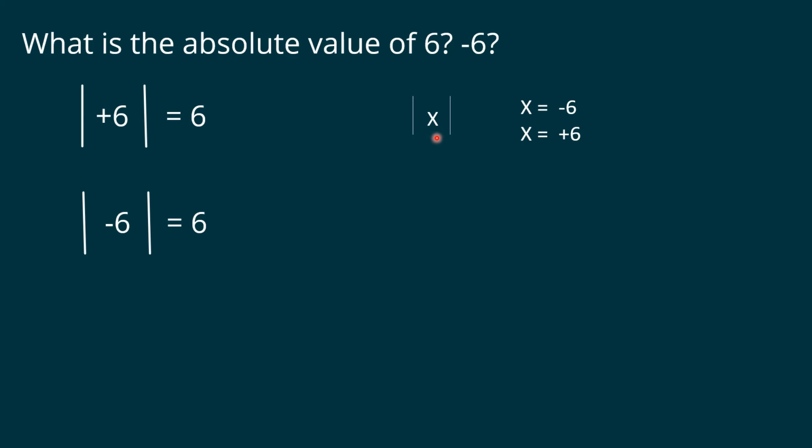So you notice, let's say the number here is x. We're going to find for the absolute value of x. So what are the possible value or values of x here? So you notice we have, if this is negative 6, positive 6, which means the number inside can be positive or negative.